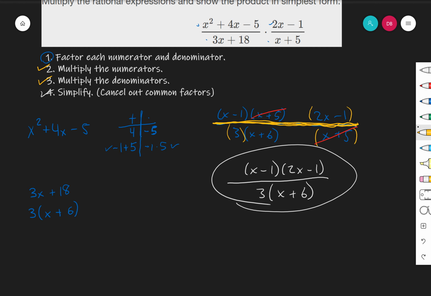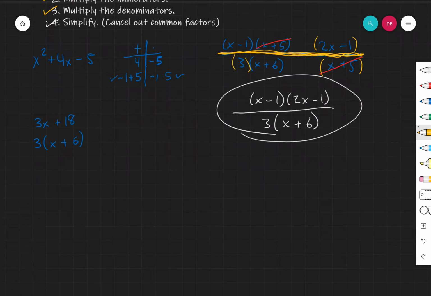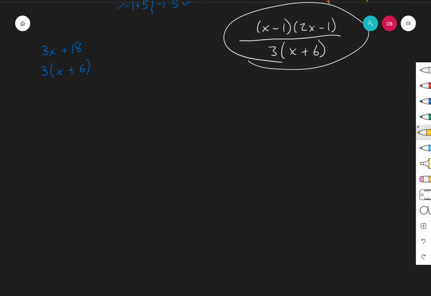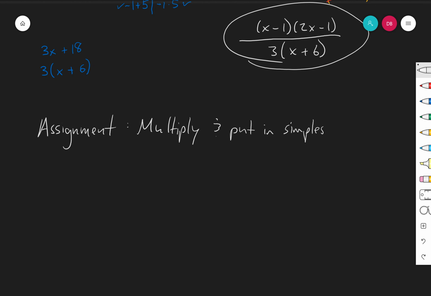So I want you to try the following problem. Here's your assignment. Multiply and put in simplest form.